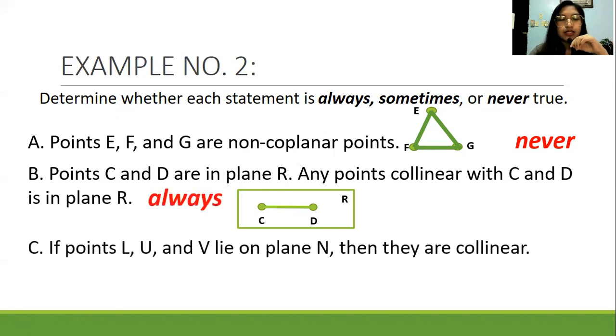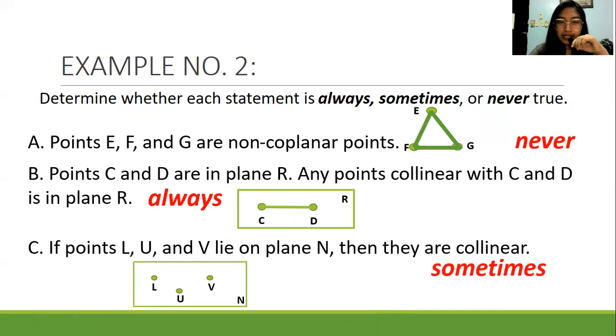Okay? Next, letter C. If points L, U, and V lie on plane N, kung nasa loob daw ni plane N si points L, U, and V, then they are collinear. So, ang answer po dito ay sometimes. Bakit? Hindi naman pwedeng porket nasa loob ka ni plane N ng isang plane ay collinear na kayo.